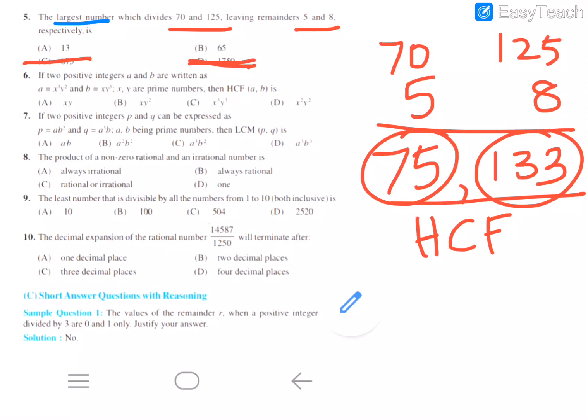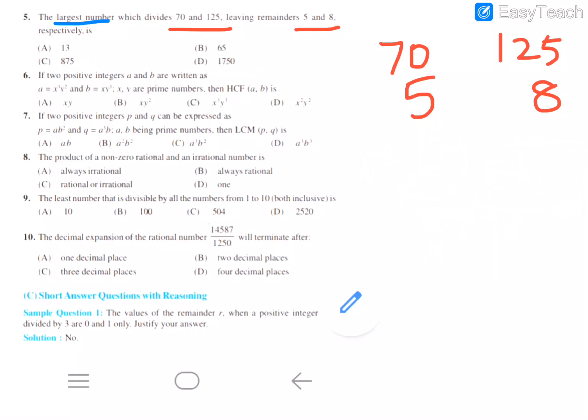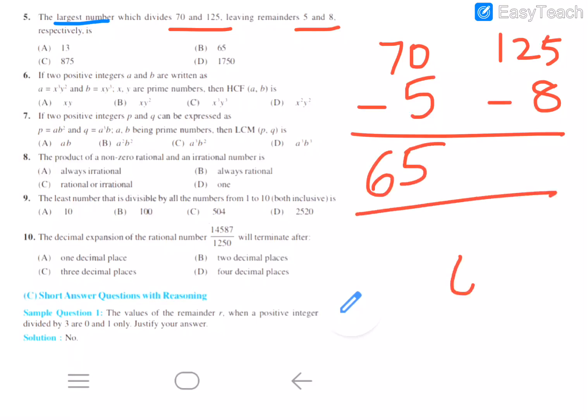So clearly here we have to understand one point. I'm sorry, here there is a small mistake. We should not add this, we should subtract. That is 70, because when you are dividing 70 and it is leaving 5, it means it is dividing not 75 but 65. When will we get 65?